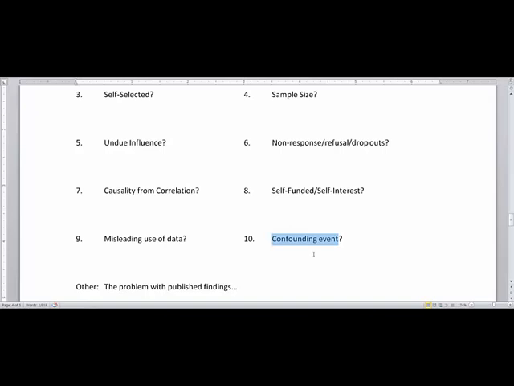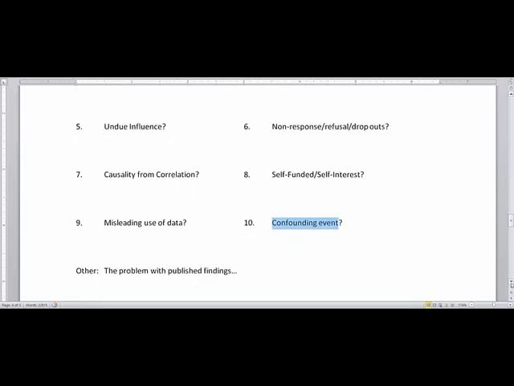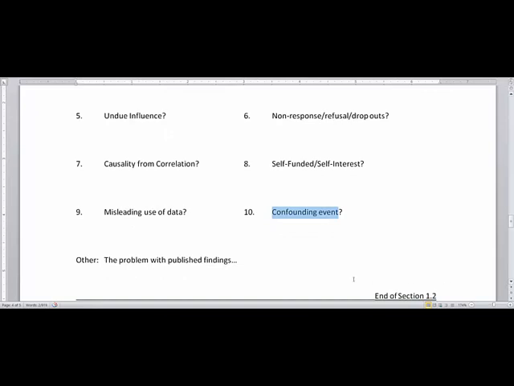Then I want to throw in one of my own, and it's the problem with published findings. A lot of times when things get published, it's because it's new or it's a surprising result. That is generally a problem because there are dozens and dozens, if not hundreds, of studies done each year that are not published because they just repeat previously published results.